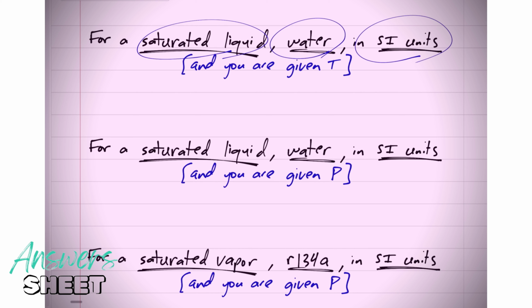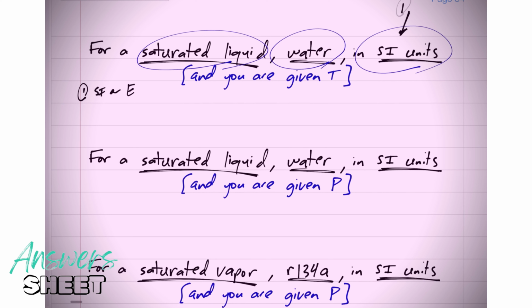Here's the order that I look at. All right. First, I think SI or English units, because SI is Appendix 1, English is Appendix 2. So SI, so start here. We're in SI units. Then I say water or refrigerant. Okay. Because for water, our tables are 4, 5, 6, 7. Refrigerant, tables 11, 12, 13. All right, this is water. So I know I'm in 4, 5, 6, 7.